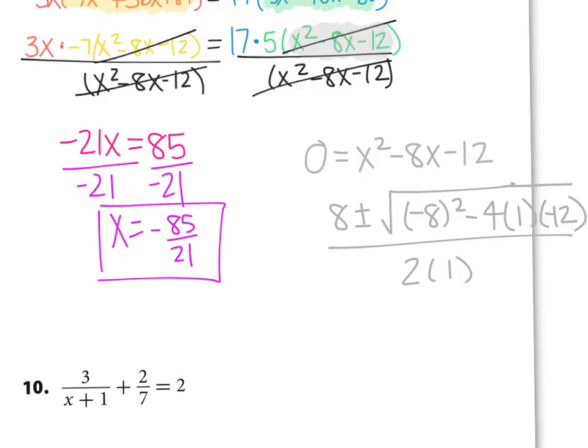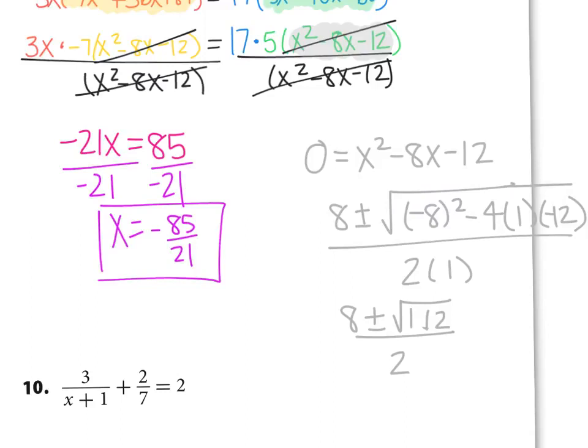Okay, so what's my discriminant? It should be something positive. It should be positive, like 102. Okay, so we get 8 plus or minus the square root of 102 divided by 2? 112. Okay, sorry. Yeah, that makes sense, 112. That was my bad.